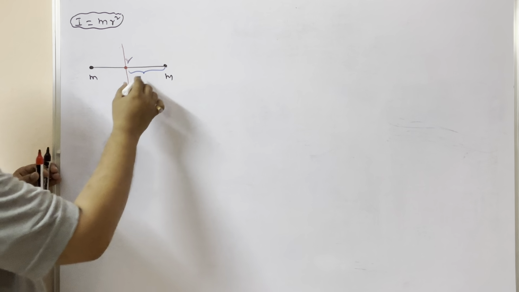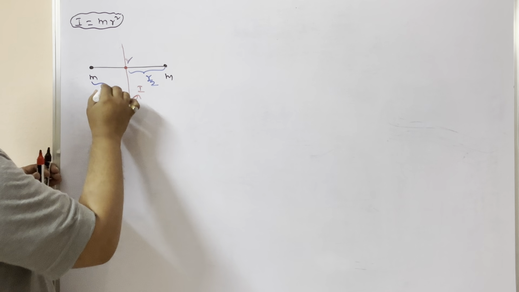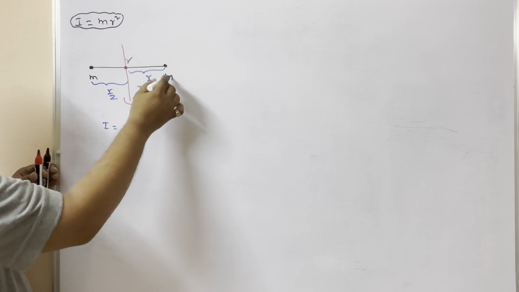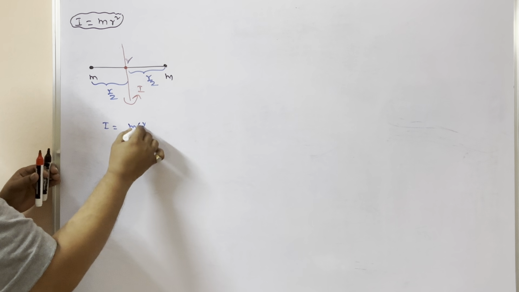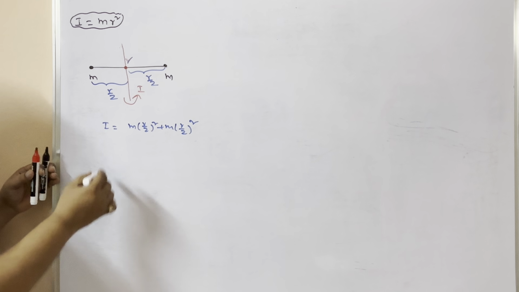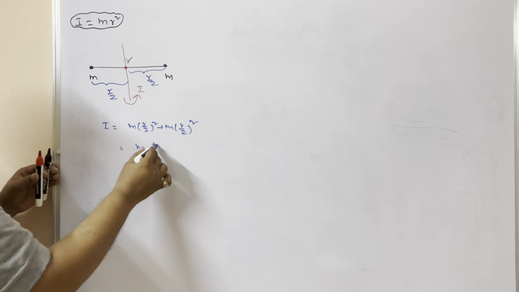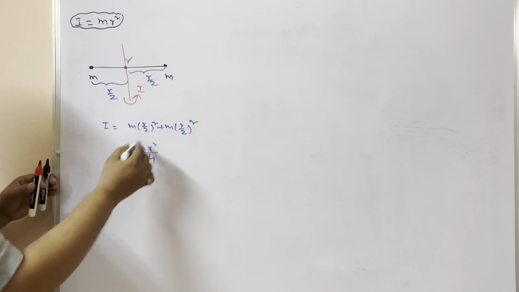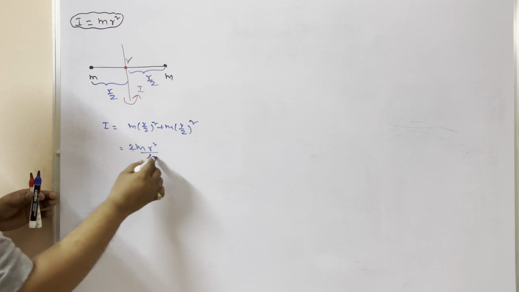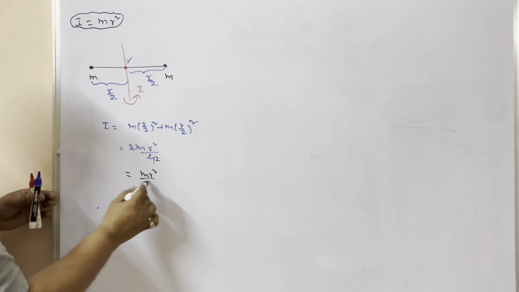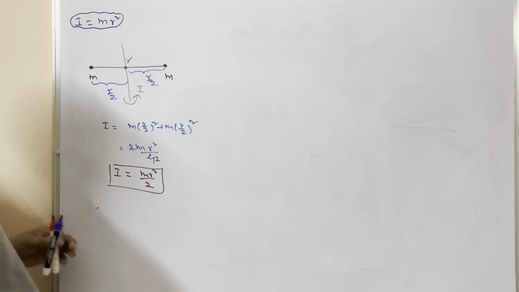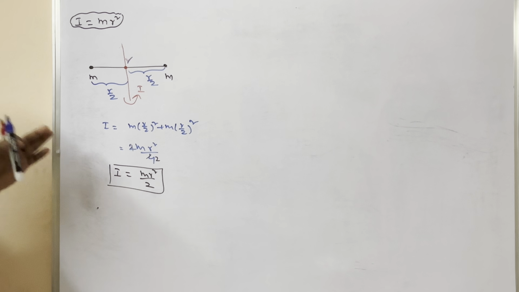That is going to be r by 2. This is r by 2. Therefore, total moment of inertia is m into r by 2 whole square plus m into r by 2 whole square. That is mr square by 4, 2 times. So finally, you are going to get mr square by 2. Correct? 2 times mr square by 4.